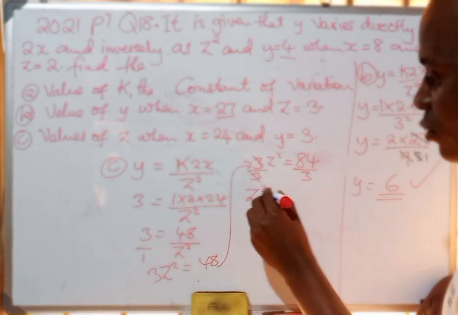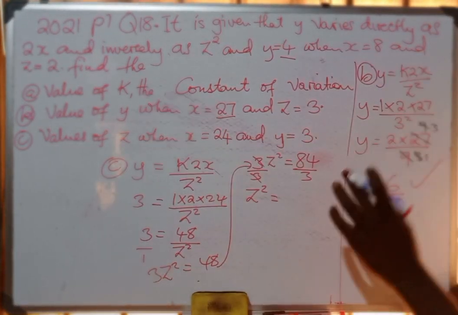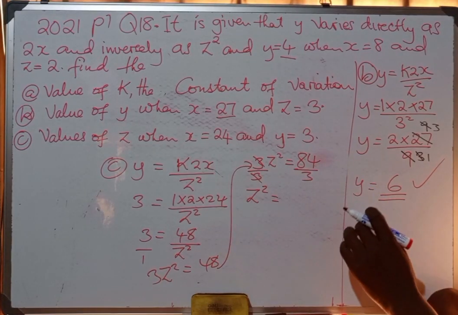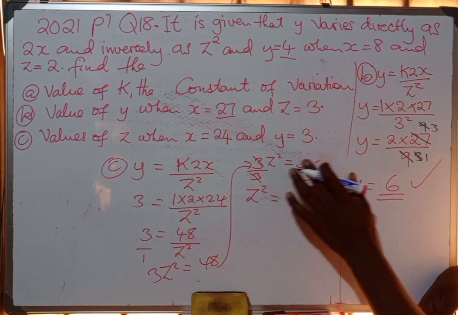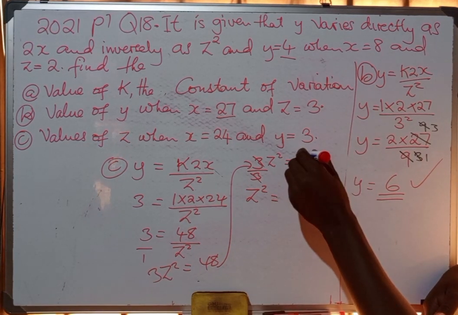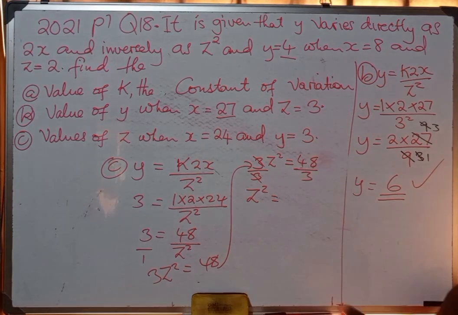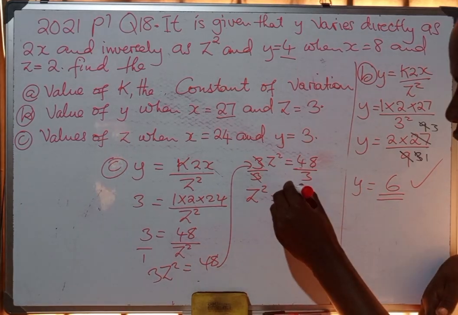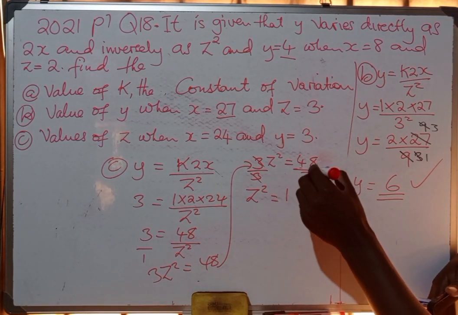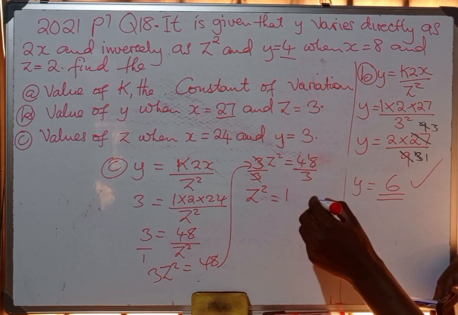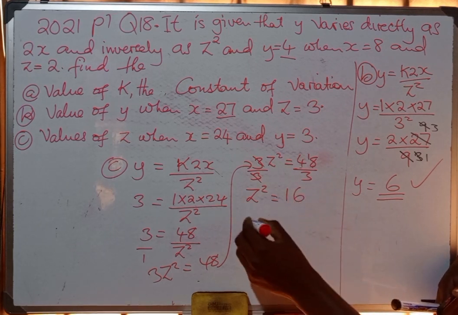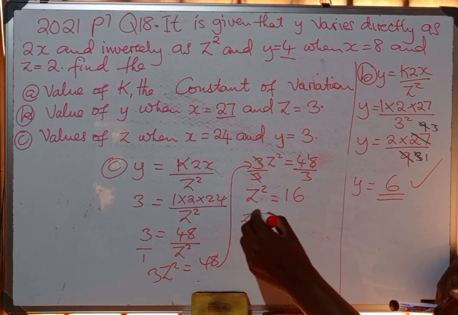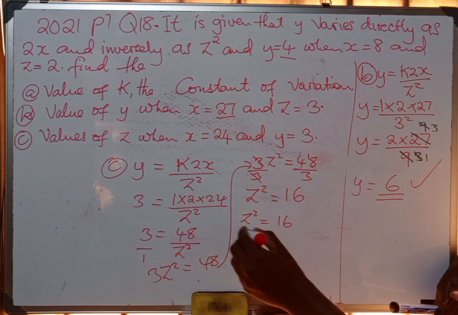So z squared is equal to 48 over 3. 3 into 4 goes 1, remainder 1. 3 into 18 goes 6. So we're going to have z squared is equal to 16.